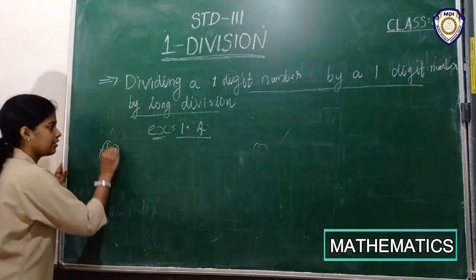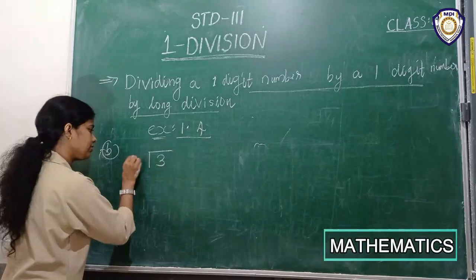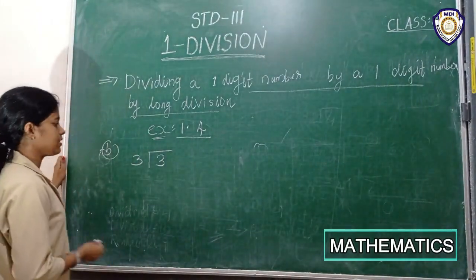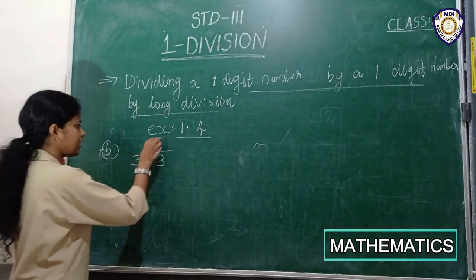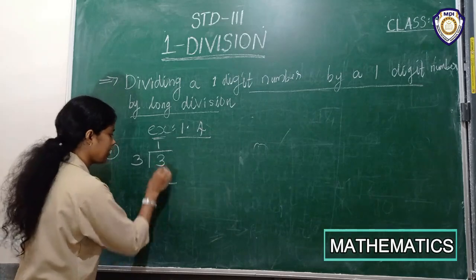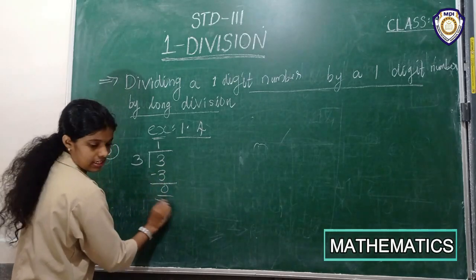Then B, 3 divided by 3. How many times does 3 go into 3? Only one time. 1 times 3 is 3. 3 minus 3 is 0.